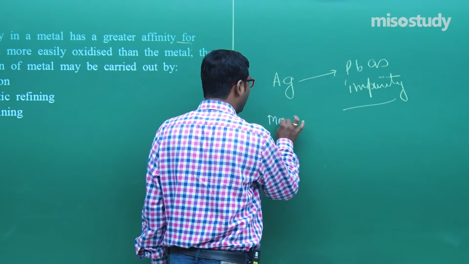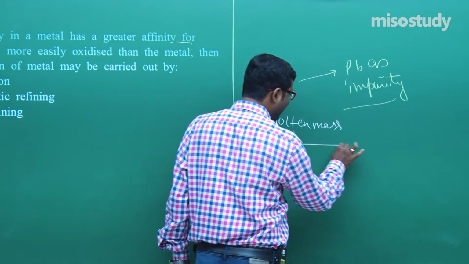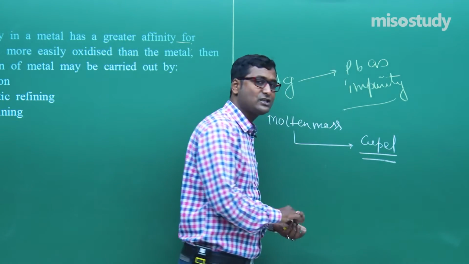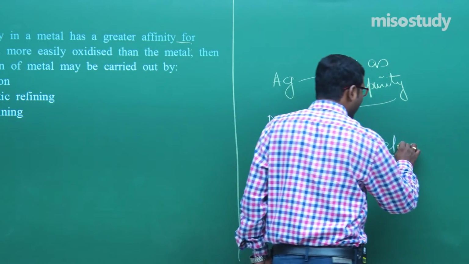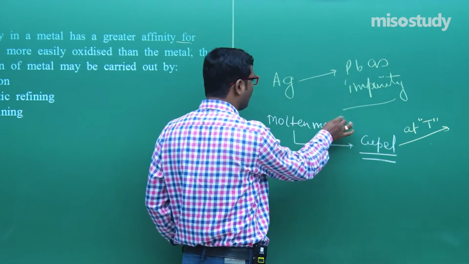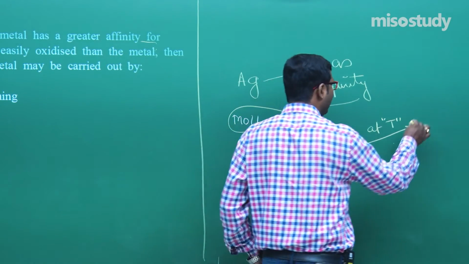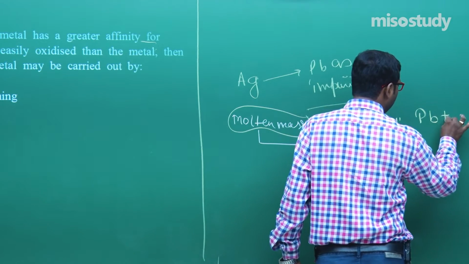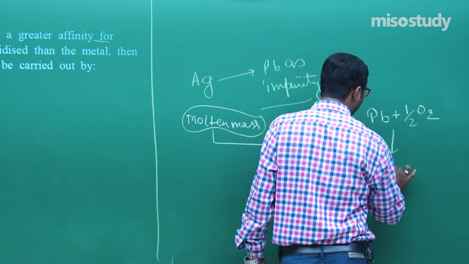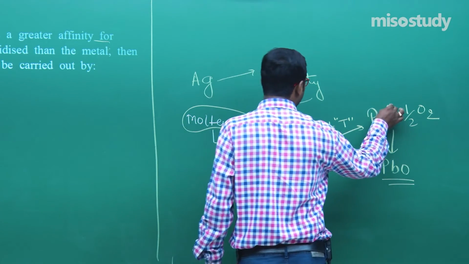The molten mass is taken into a cupel. This is made of bone ash or cement, and at high temperature, when oxygen is passed over the molten mass, remember this, then what will happen? The impurity Pb combines with oxygen and forms lead oxide, and the removal of Pb takes place.